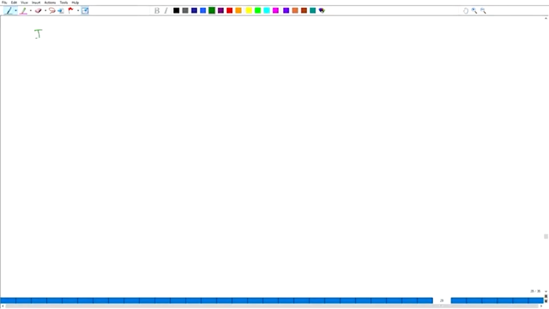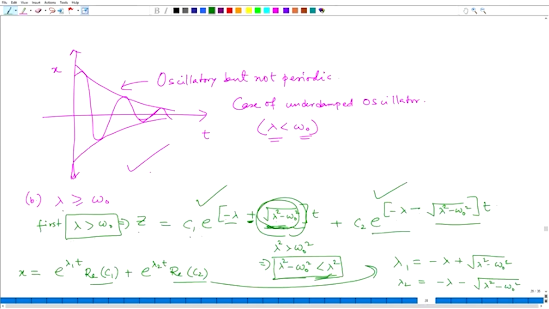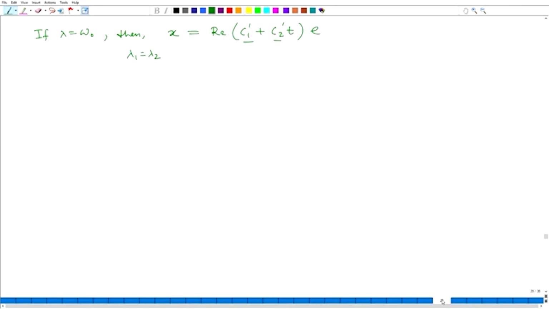For that, from the theory of differential equations you can check, x will be equal to Re, then lambda 1 is of course equal to lambda 2, but your x will not simply be Re c 1 plus c 2, it will be c 1 plus c 2 t, where I can write c 1 prime and c 2 prime because they are not exactly equal to the two constants over here. So, they are two different constants.